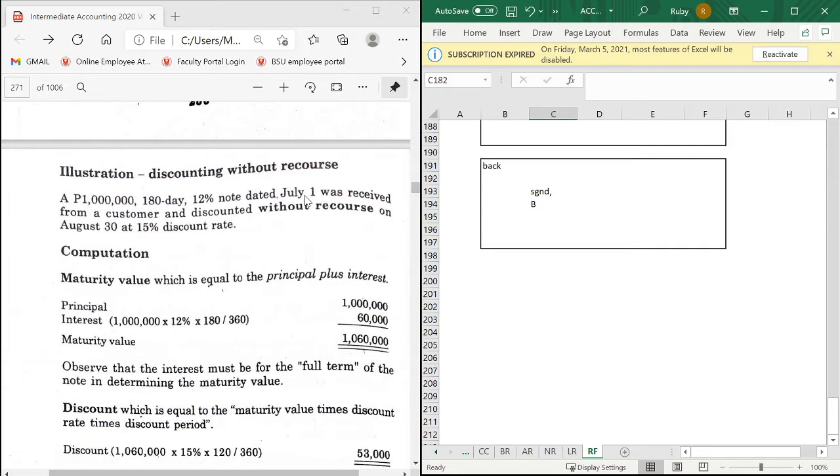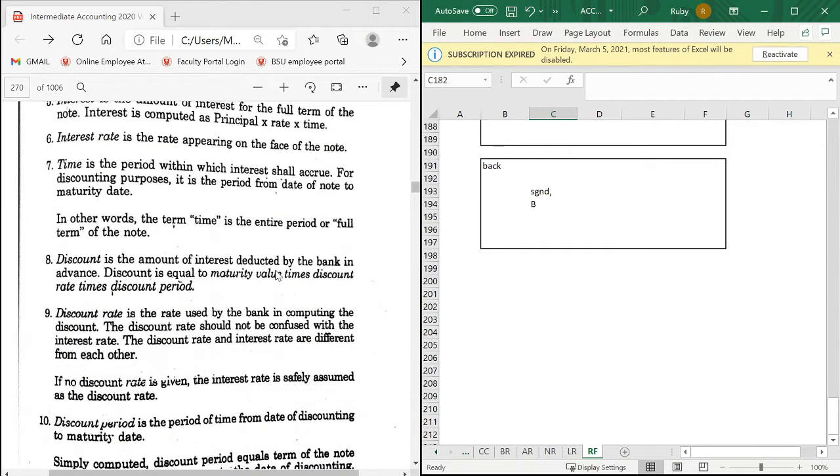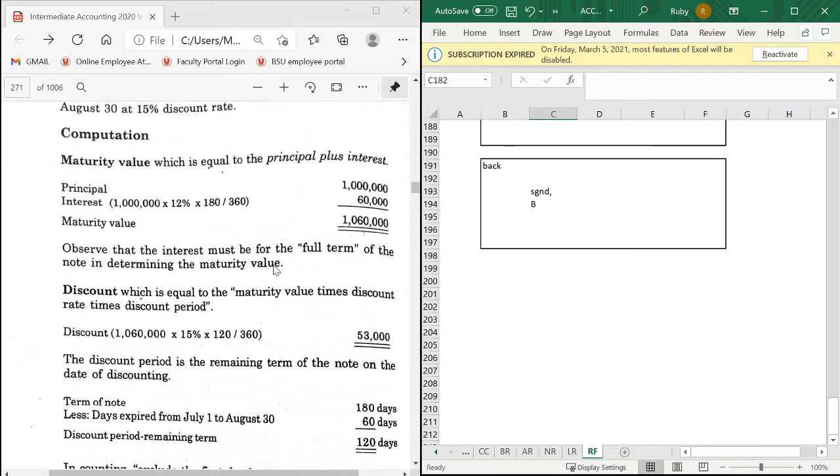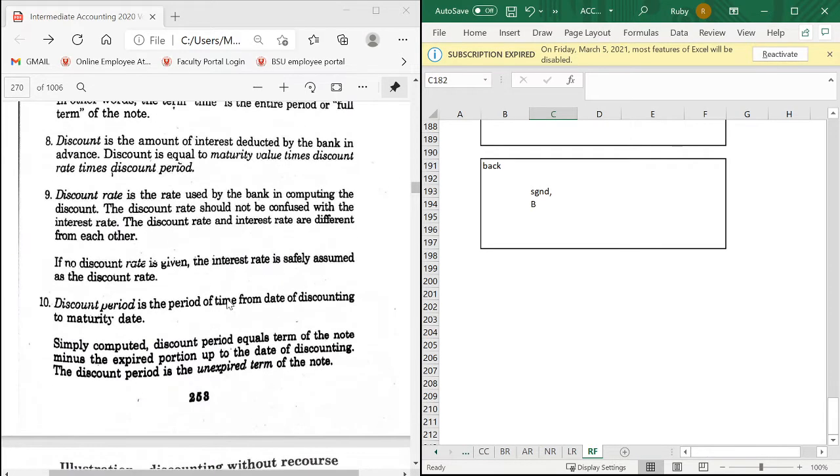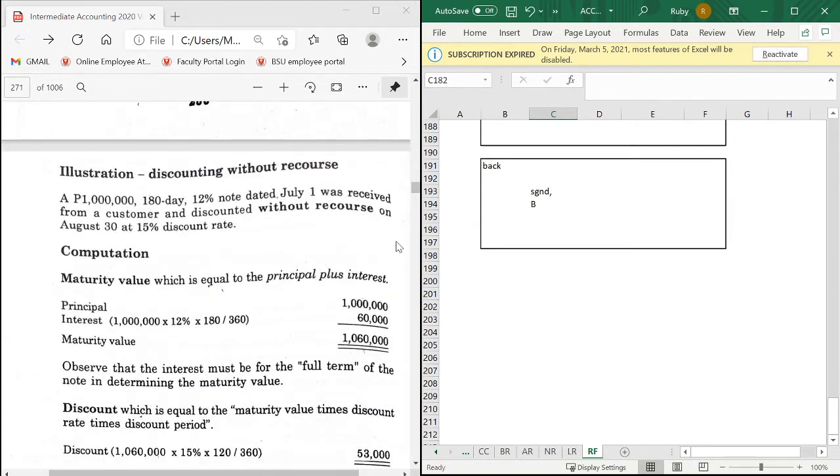Discount period ay, may discount period ba? Discount period from the date of discounting to maturity. July 1, August 1.